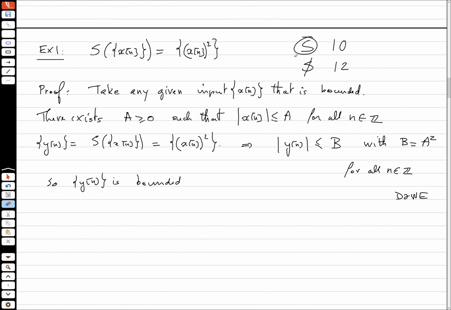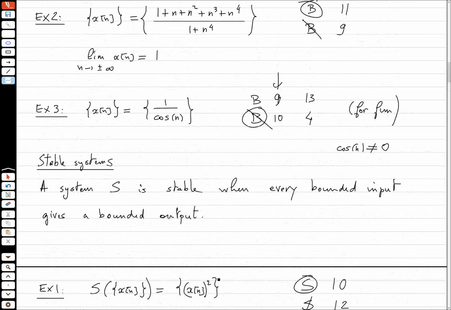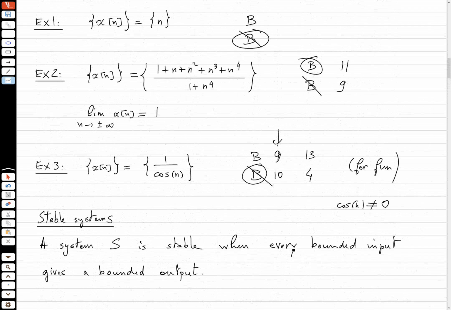I know that stability is creating confusion, but I'm not able to describe what happens in your brain. If I could read it, I would say, no, your thinking is really wrong, don't think this way. I told you that stability is where I have a lot of fun. And x of n could be any input, right? You want this to work for every possible bounded input.